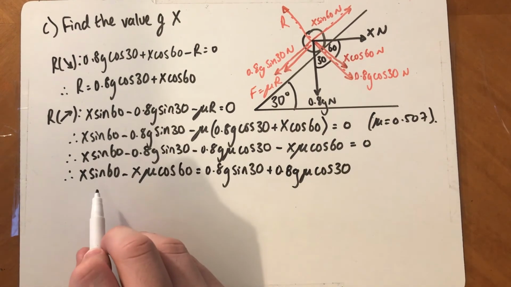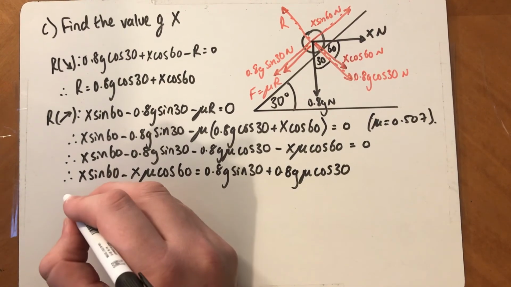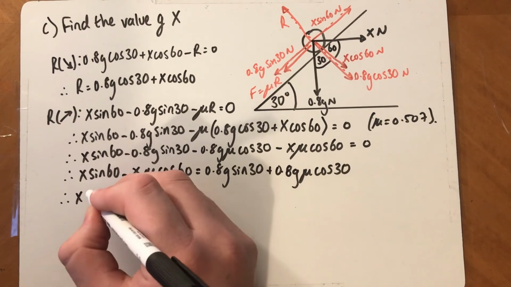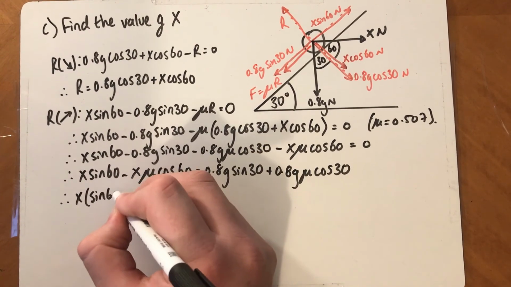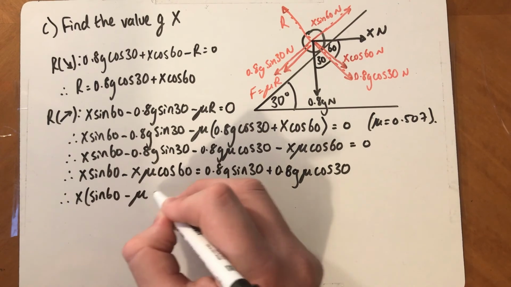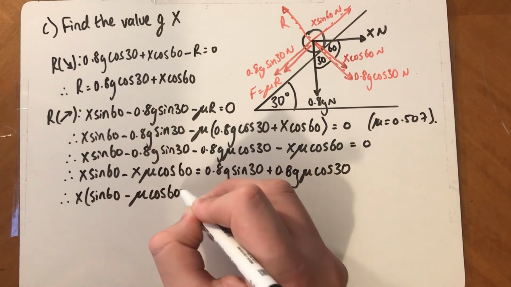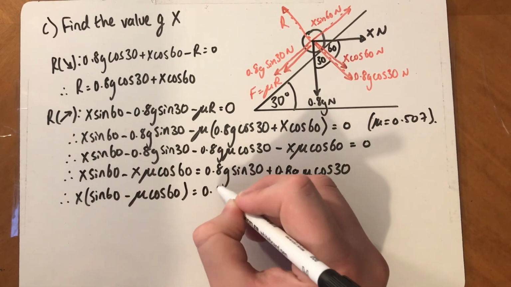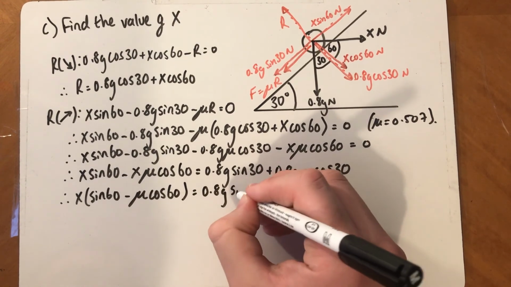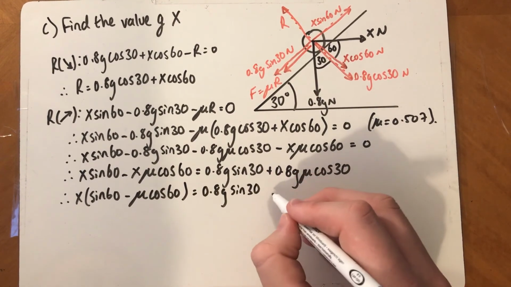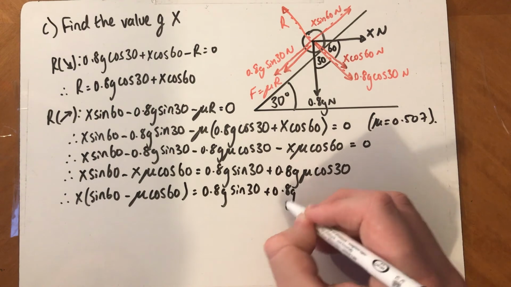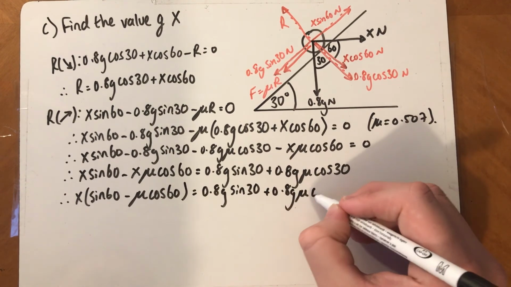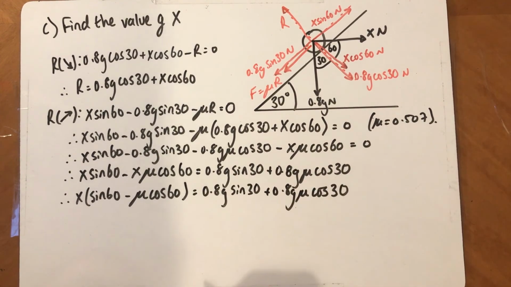Okay, now what I can do is factorize out x because it is common. x times sine 60 minus mu cos 60 equals 0.8 g sine 30 plus 0.8 g mu cos 30.